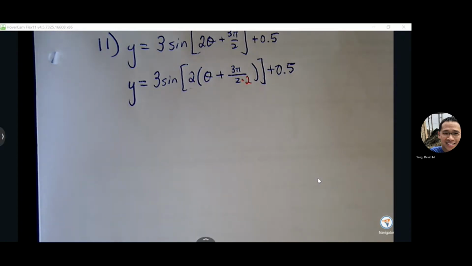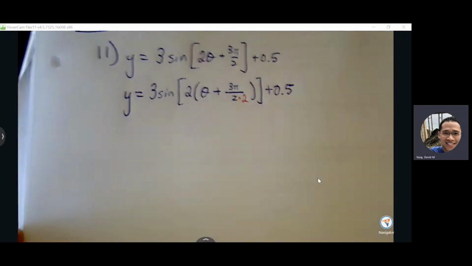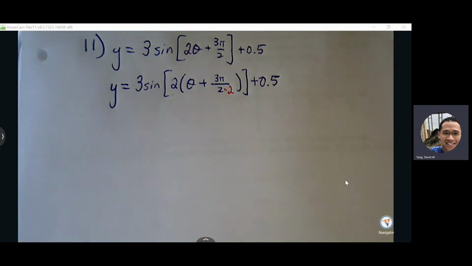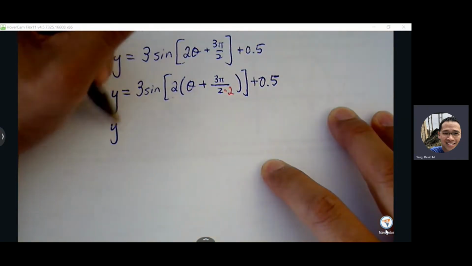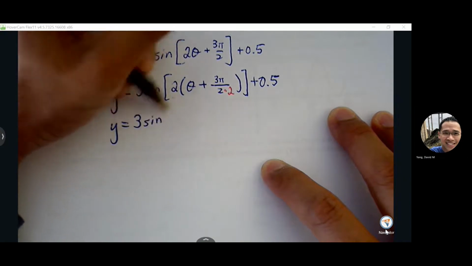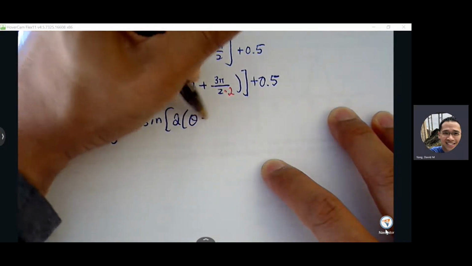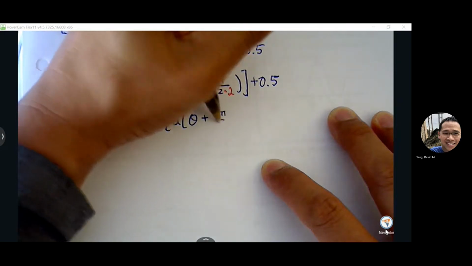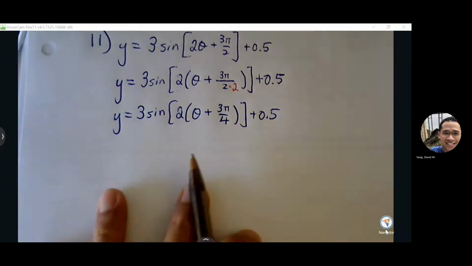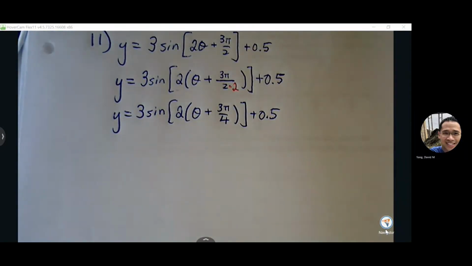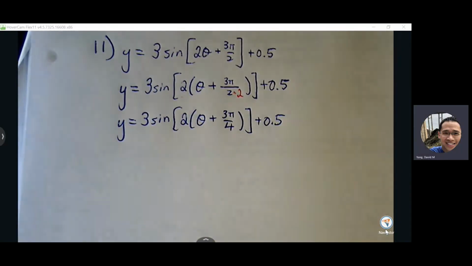Okay, so we're forced to make that adjustment so that we can clearly see what the phase shift is. So let's rewrite our new equation. We're going to start gathering all of our information, our A value, our B value, our C value, our D value.